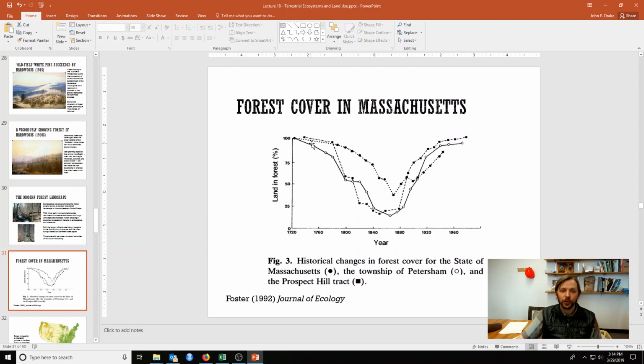And so early here, just to review what we talked about, in the early 1700s, there was an enormous and large fraction of the landscape covered in forests. Those forests were removed, and much of the landscape was transformed into agricultural use.